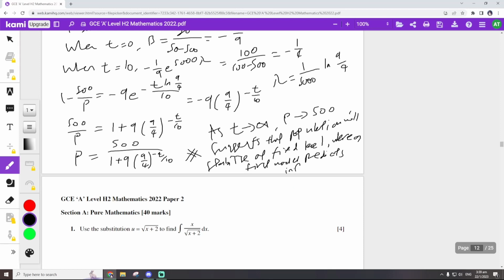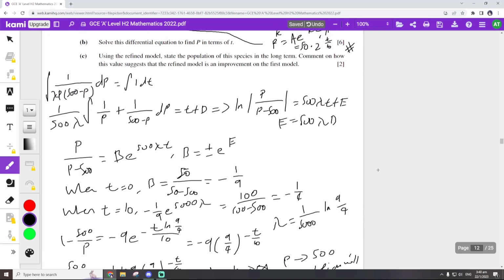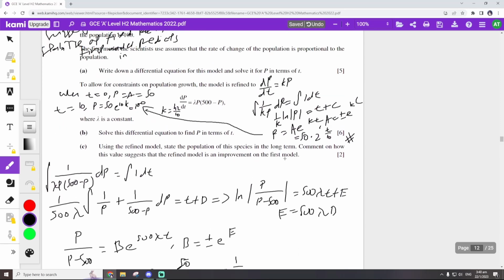Because it's just an exponential model, and this is not realistic. So the second model is more realistic, I would say. I think that's just the way they want to put it across. Okay, so that's it.